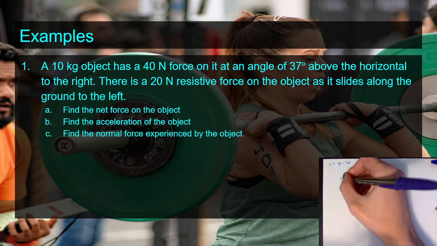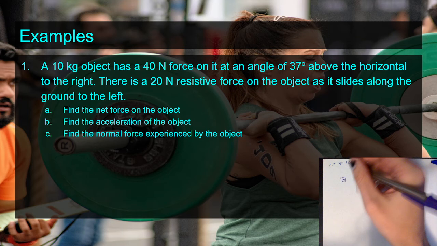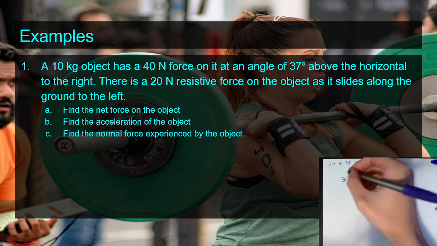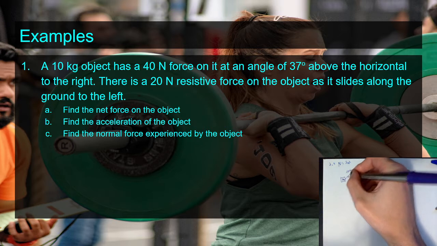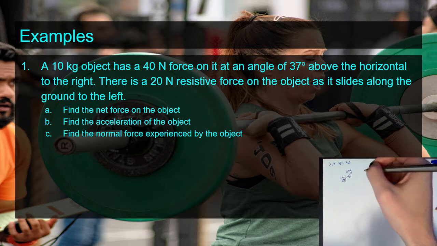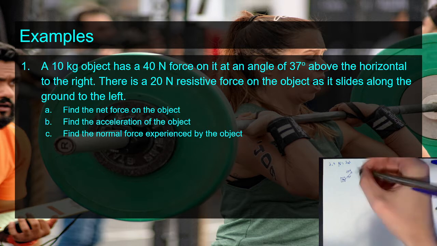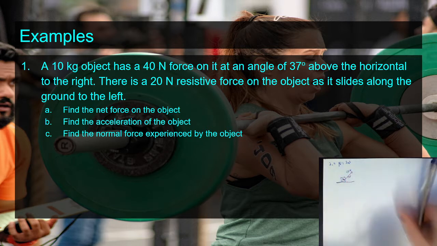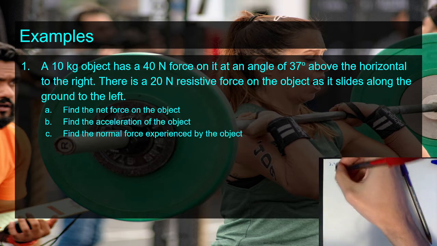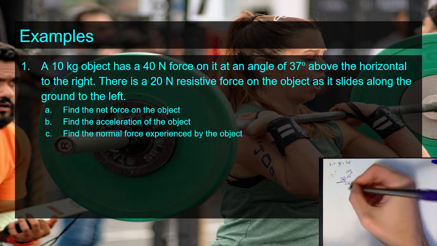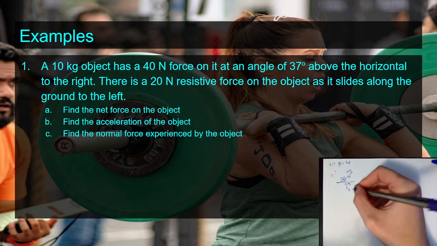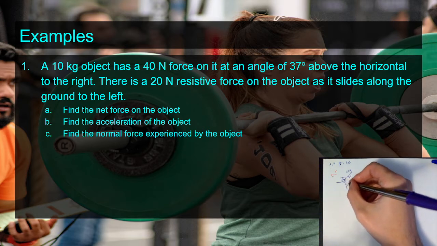It's 10 kilograms, and it's got a 40 Newton force on it at an angle of 37 degrees above the horizontal, to the right. There is a 20 Newton resistive force on the object as it slides along the ground to the left. So the velocity of the object is like this. It's going to the left. And so that means that our resistive force, which I'm just going to call FR, is going to the right and will be 20 newtons.